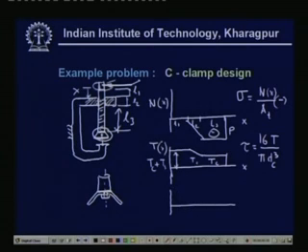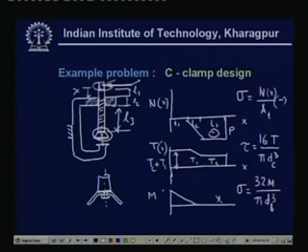Of course, we do not consider any bending stress beyond this, because we consider this to be clamped. So, the bending stress will be something like this, and this is the bending moment distribution, and the bending stress, as we know, is again a normal stress, and this will be 32 M by pi dc cube.